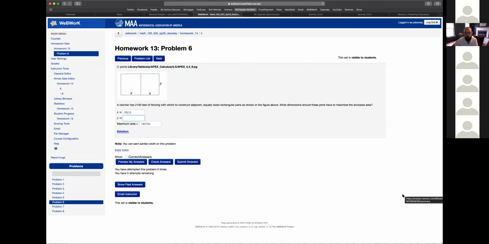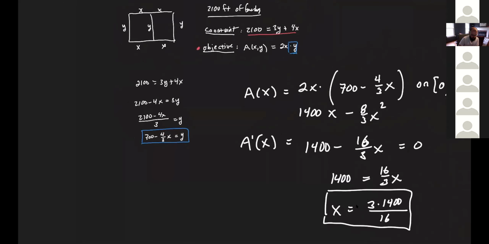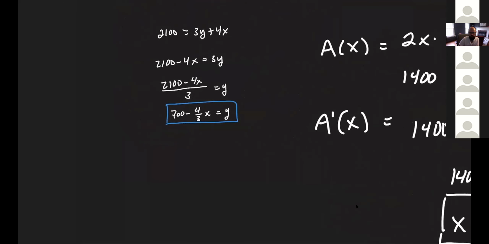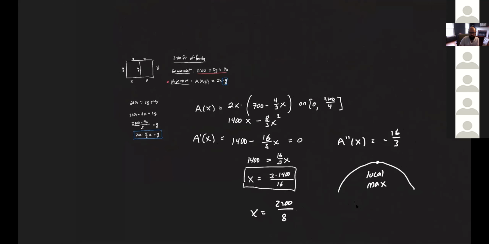If we jump back over here and look at our blackboard, we actually came up with an equation for y in our work. We came up with this in blue: 700 minus 4/3 x, that's what y is equal to.